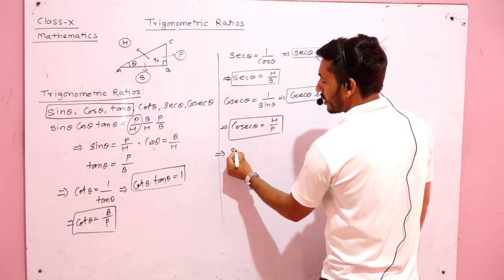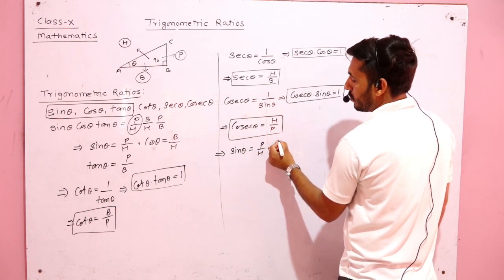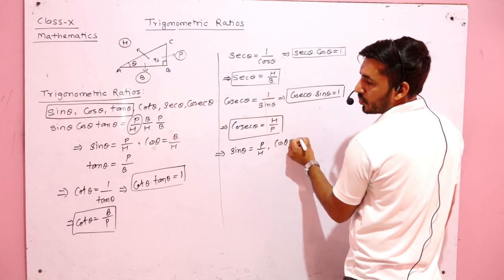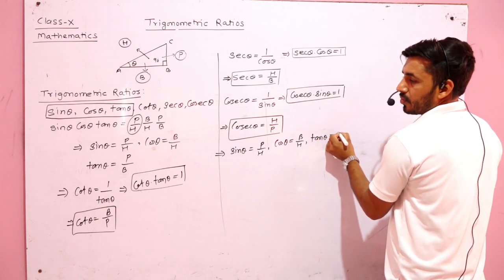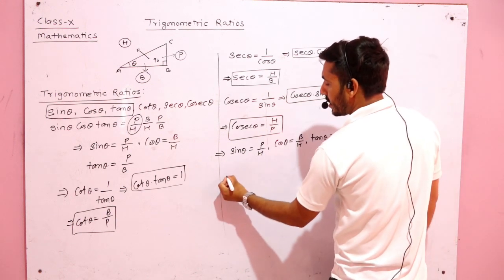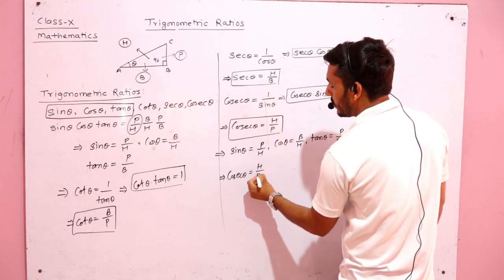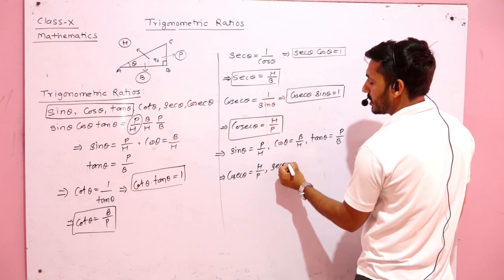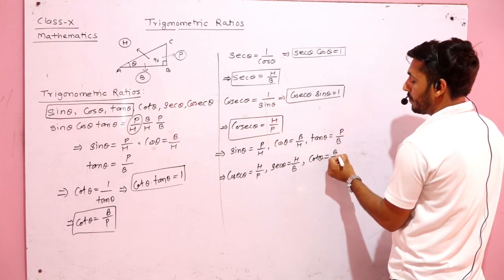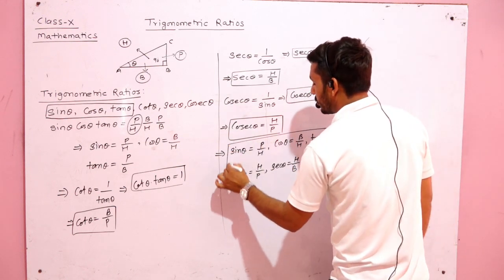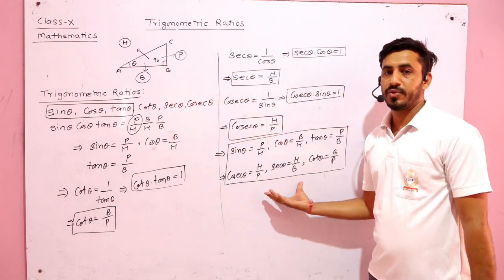Sin theta is equal to P upon H, cos theta is equal to B upon H, and tan theta is equal to P upon B. From here cosec theta, the opposite function of sin theta, is H upon P. Sec theta is equal to H upon B. Next one is cot theta, and cot theta is equal to B upon P. All these six trigonometric ratios are written here. You can note down.